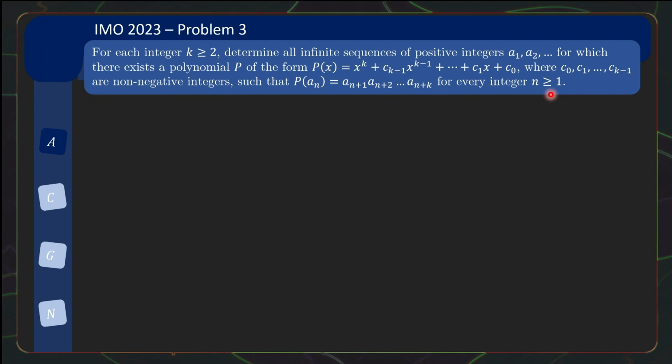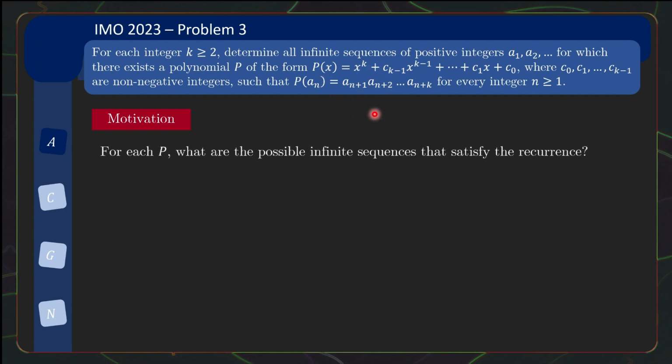So it's a bit confusing, but I'll give a bit of motivation in how you might come about with the solution. So first of all, rather than approaching this question like this, where you need to find all sequences such that there exists a polynomial that fits the condition, we can flip the problem on its head and say, for a fixed polynomial of this form, what are the possible infinite sequences that will satisfy this recurrence for every n?